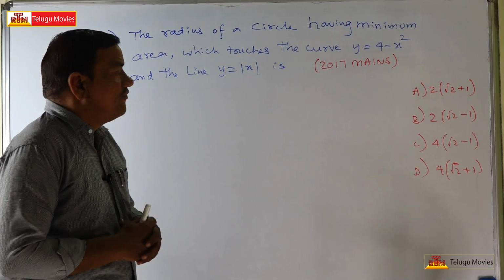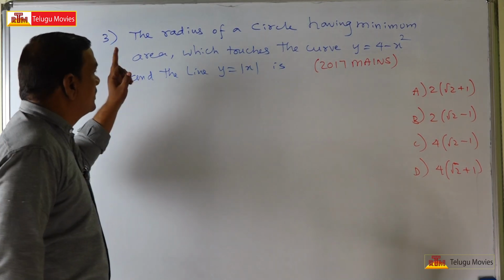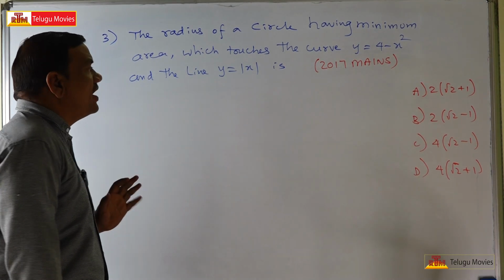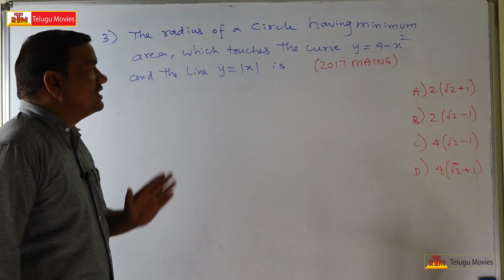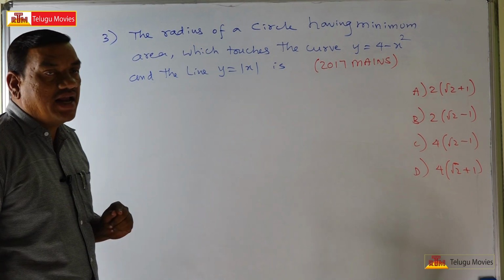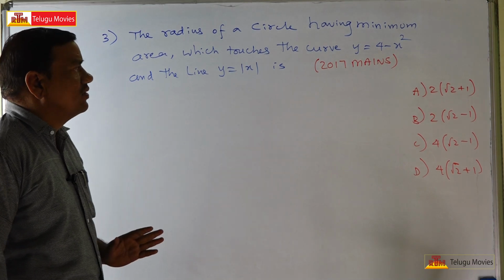Dear students, welcome to the third problem. The radius of a circle having minimum area which touches the curve y is equal to 4 minus x square and the line y is equal to mod x is.